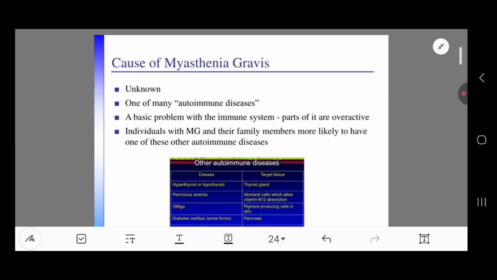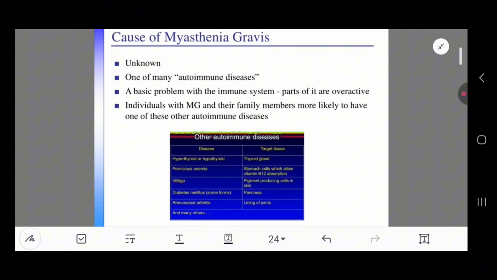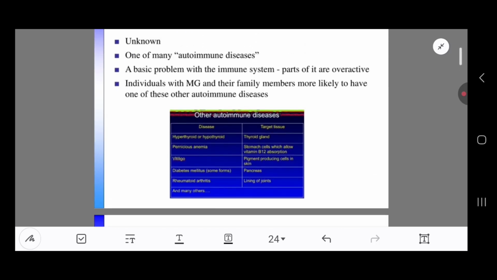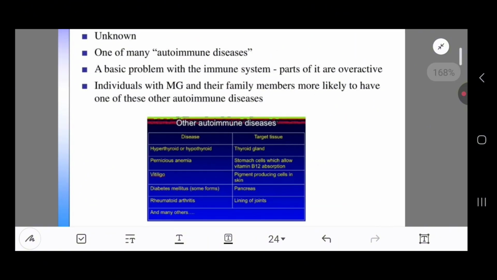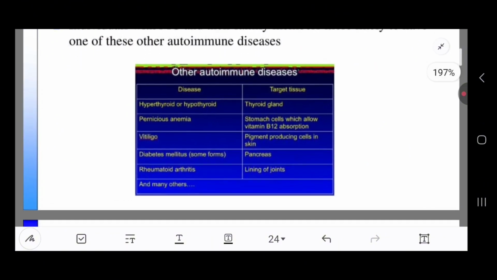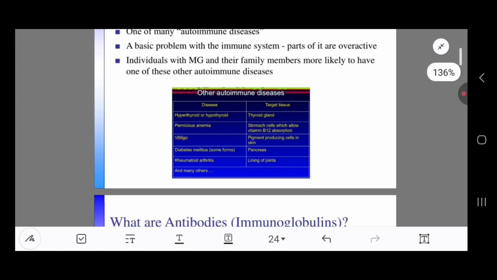There are a lot of causes of myasthenia gravis, but the main cause is autoimmune disease. For example, there are other autoimmune diseases like hyperthyroidism or hypothyroidism, pernicious anemia, vitiligo, diabetes mellitus, rheumatoid arthritis, and many others.